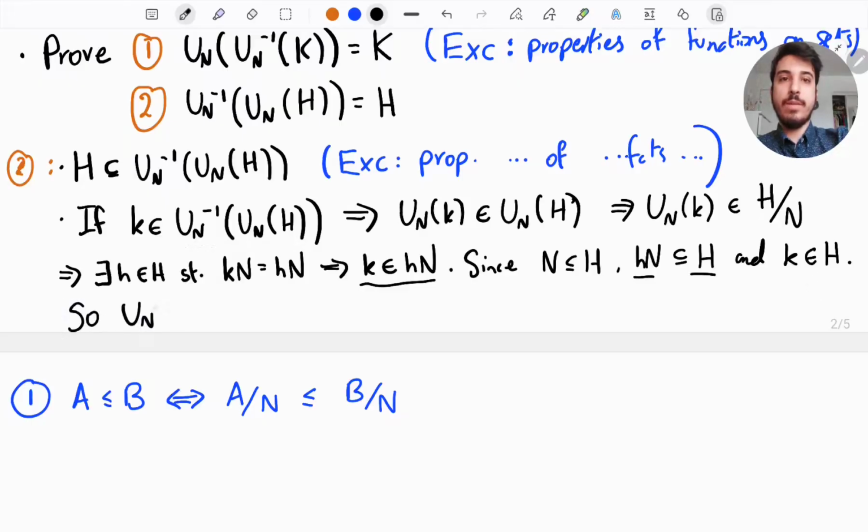So u_N inverse of u_N of H is a subset of H, and the second part too is proven.